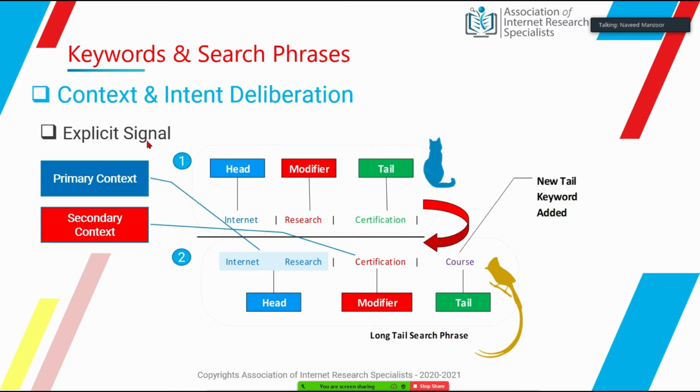And the implicit signals, as we will discuss later in the next slide, are the ones that give context or translate intent by the learned theorems or the learned history of the search that gives it a meaning of its own, or adds to the explicit signals. Now, what are explicit signals? In terms of the three words we have used here: internet, research, certification. And this is getting more granular.